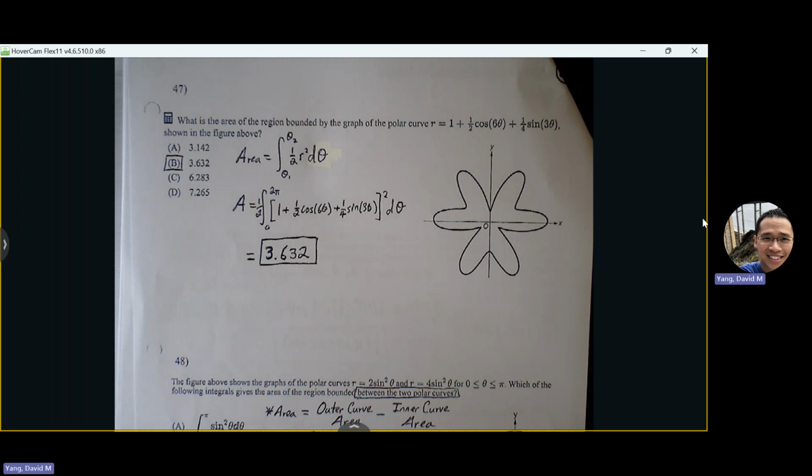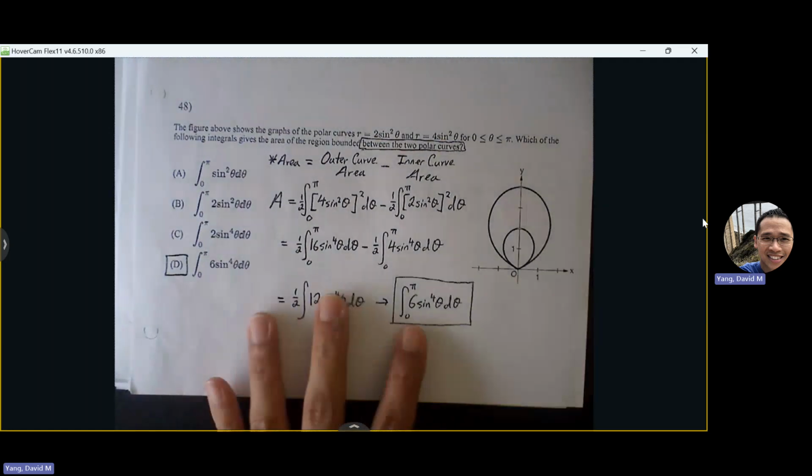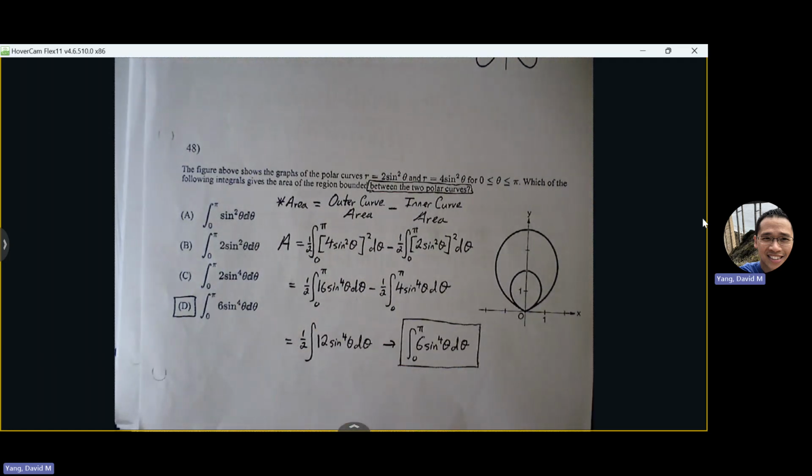For 48, find the area between the two curves. Just got to be careful understanding how polar graphs work. Basically everything has to involve the origin. We can't just say, oh, top curve minus bottom curve. If we want to find the area of this region, we have to first find the area of the entirety.